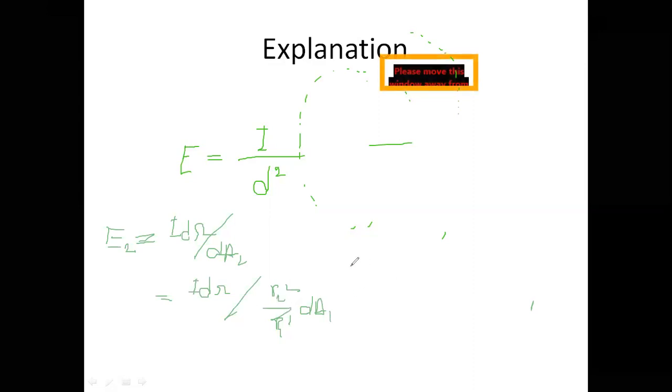So we can write over here R1 square divided by R2 square into I d omega divided by dA1.